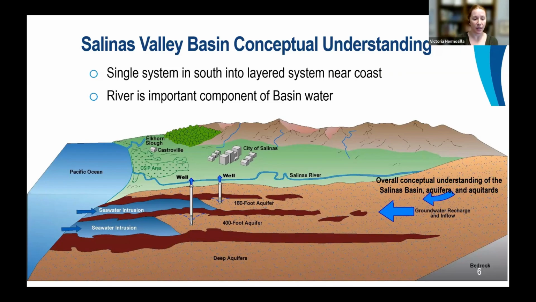And that's shown here with the sort of reddish colors versus the brown colors. We have our stacked aquitards and aquifers, the 180 foot, 400 foot and deep aquifers. And as I mentioned before, the Salinas River is a very important component of basin water, especially those areas where the aquitards don't separate the river from the basin material.